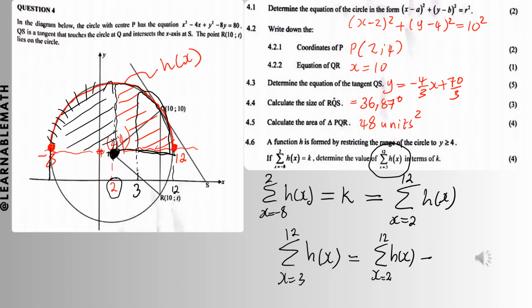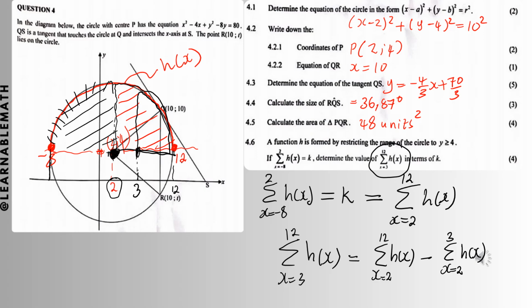So if I remove the sum from x equals 2 up until we reach 3 of h of x, then I can basically find that other one. So the idea is that from x equals 3 to 12, I'm taking the sum from 2 to 12 and removing the sum from 2 to 3, right?